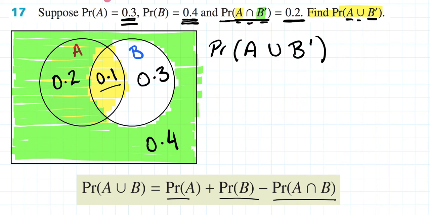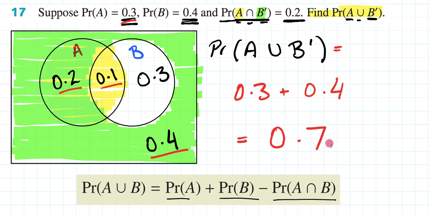So it's going to be 0.2 plus 0.1, so 0.3, plus 0.4, which equals 0.7. That is my final answer, because that's the probability of A union the complement of B: 0.7.